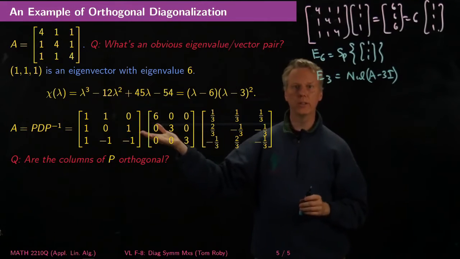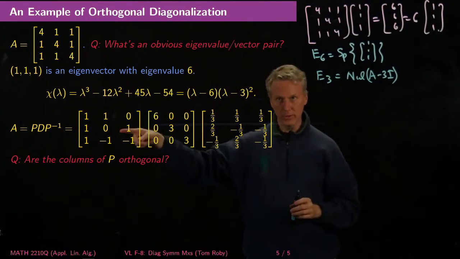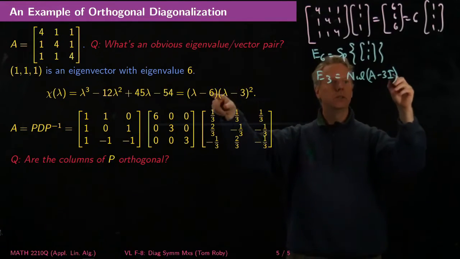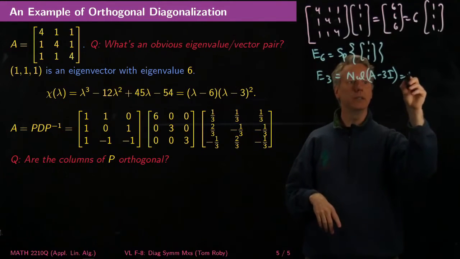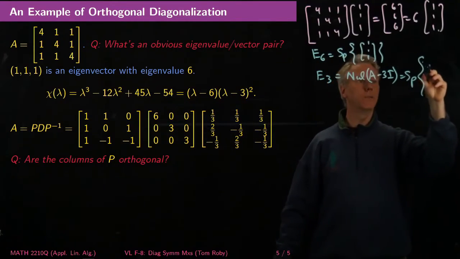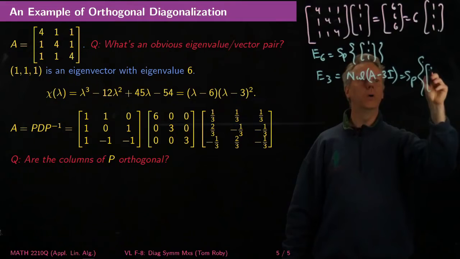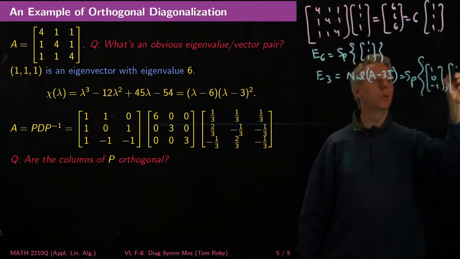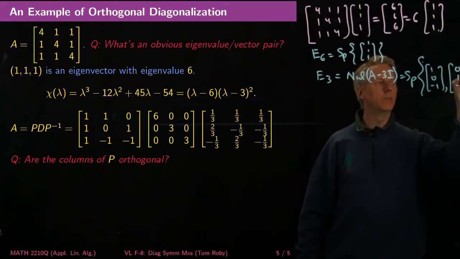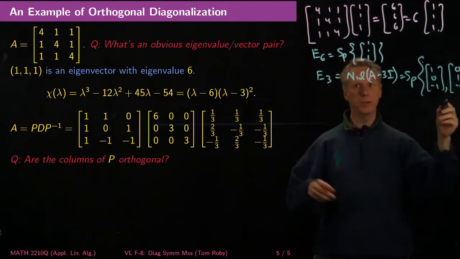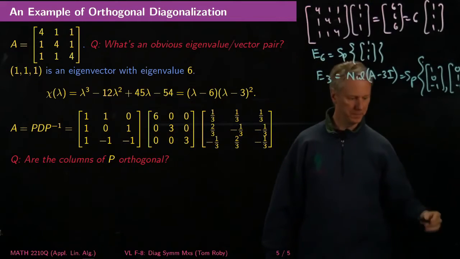This is the inverse of that matrix, as you can easily check. And E3 is going to be the span of these second 2 column vectors, 1, 0, negative 1, and 0, 1, negative 1. It's going off the screen, but you can see them here.